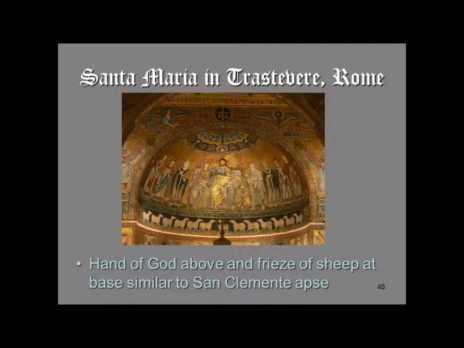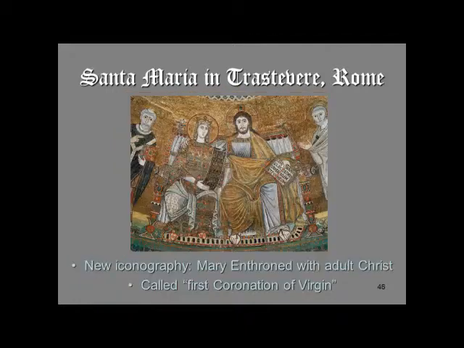Up above, there is this wonderful decorative concentric patterned arcs with the hand of God reaching out. And at the bottom, there is a frieze of sheep. And those details probably were copied from the San Clemente apse mosaic. But this has new iconography.